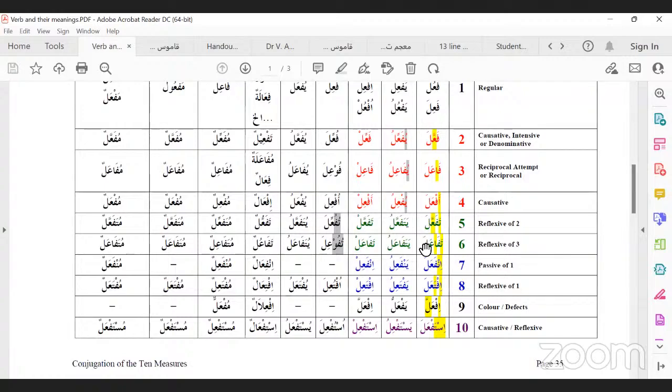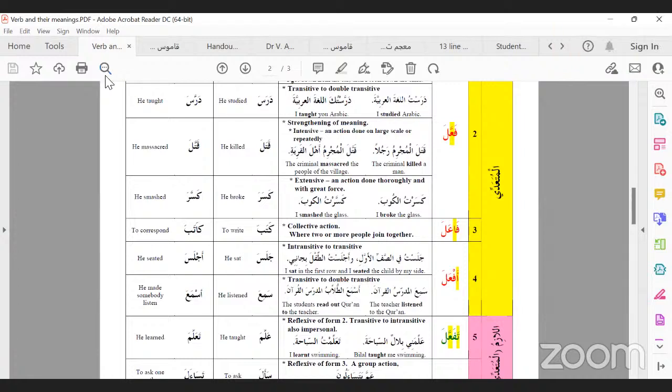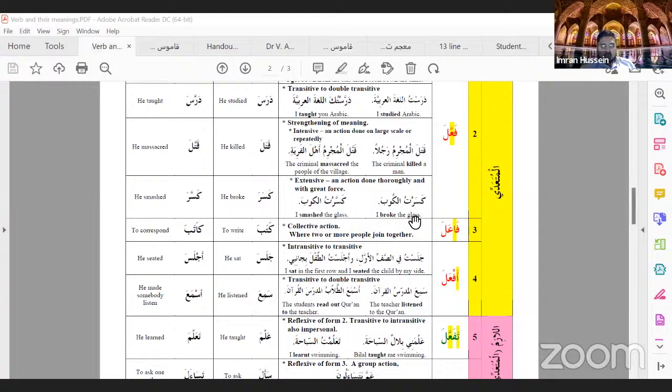All right, thank you. Now when you do the example, I'll make it clearer. Sister Nazhat, can you do the examples of fa'ala? It means a collective action where two or more people join together.